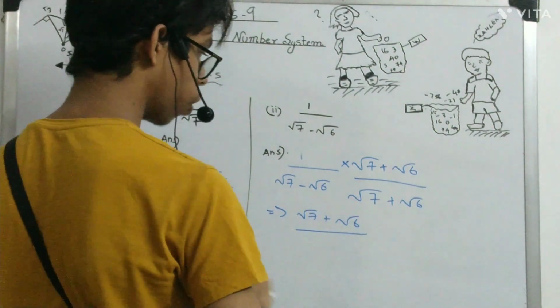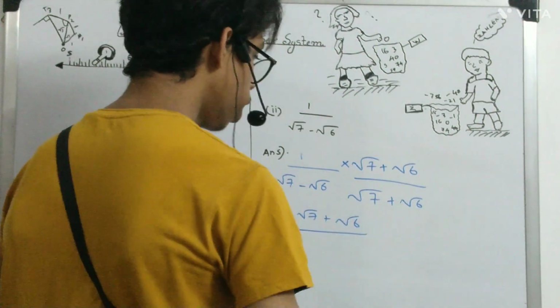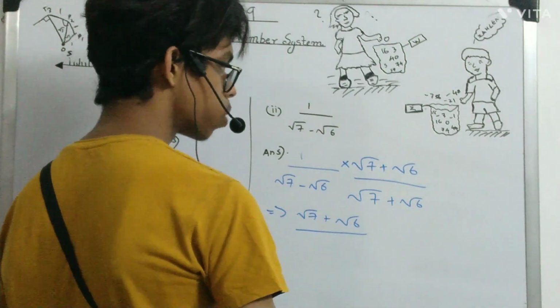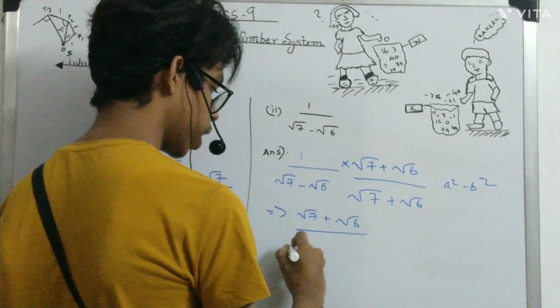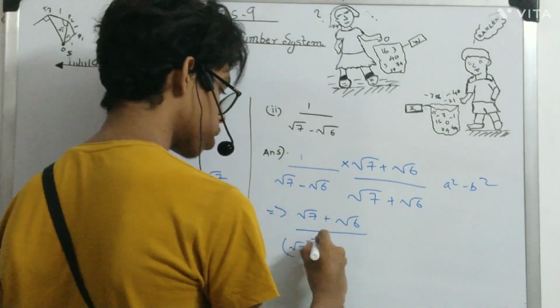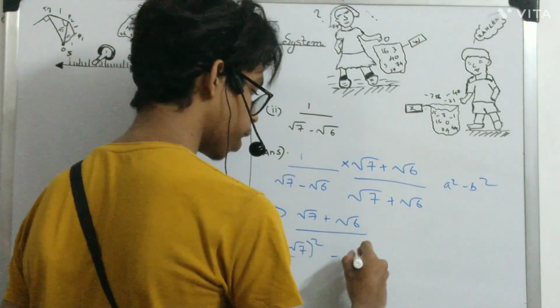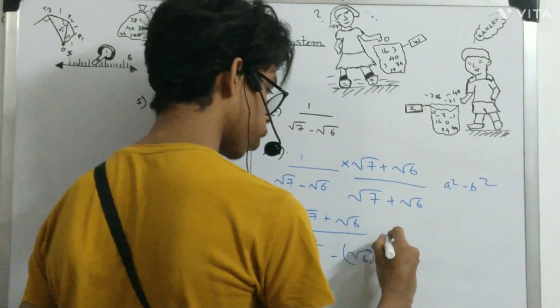So here if you see the denominator, it is a minus b into a plus b, or a plus b into a minus b, is what? A square minus b square identity. So I can write over here root 7 whole square minus root 6 whole square.